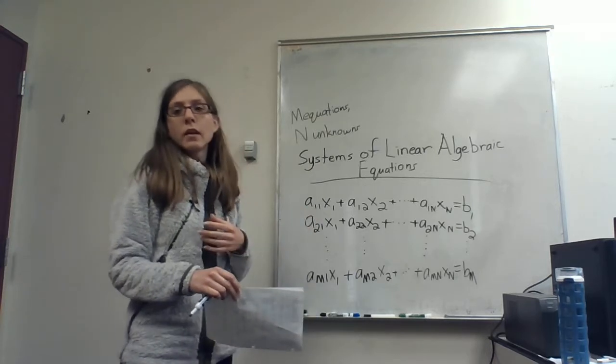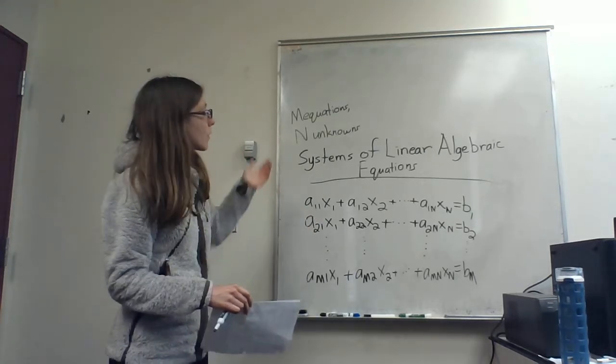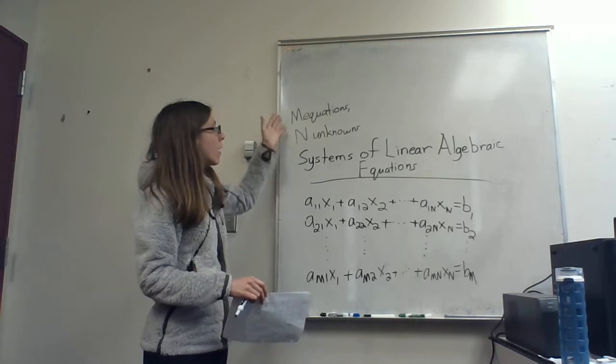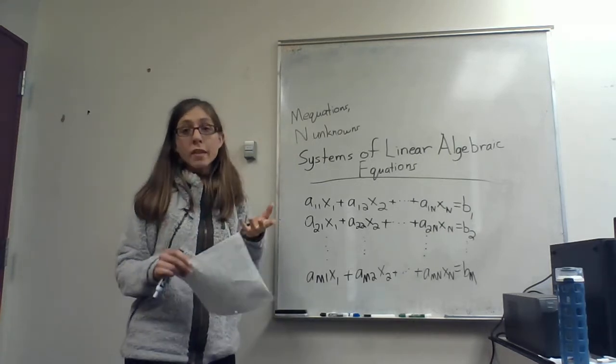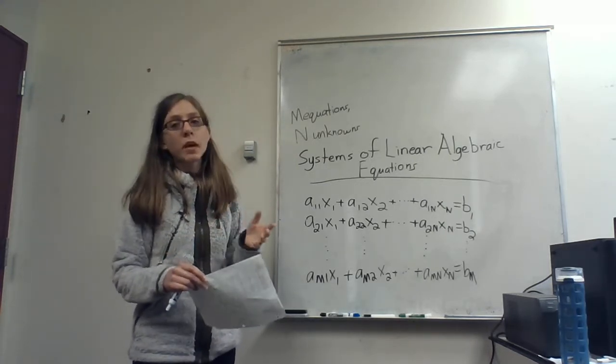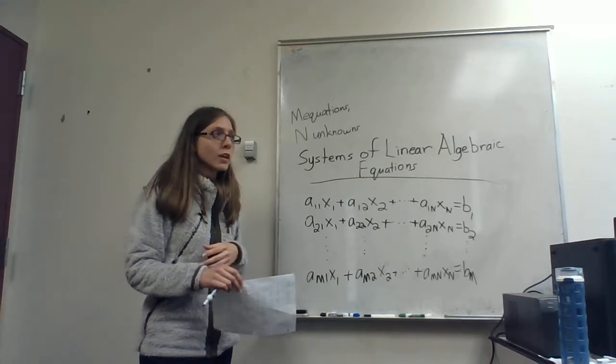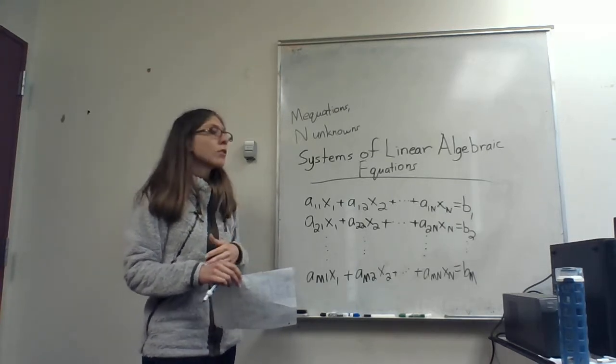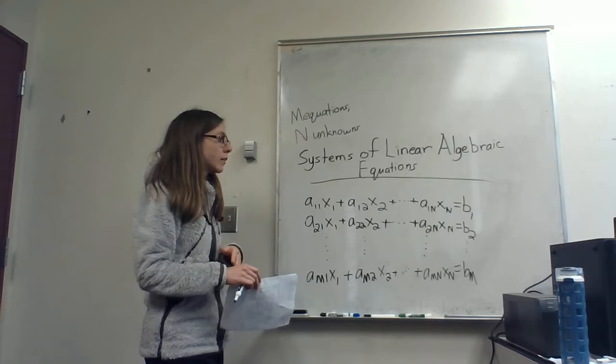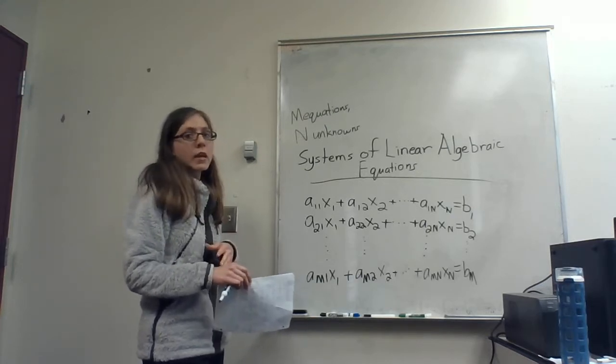If m is exactly equal to n, there are even cases within that where sometimes the matrix is not full rank, so it's not invertible, so you can have multiple solutions and things like that.